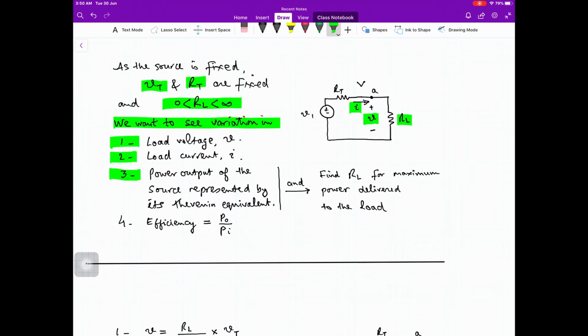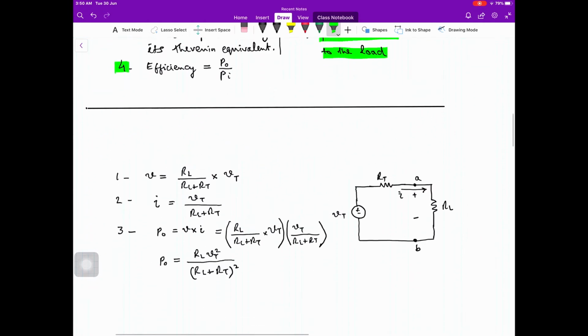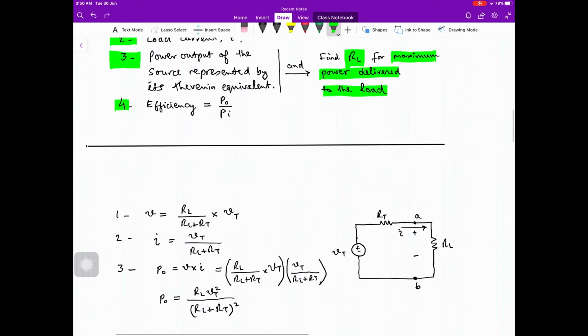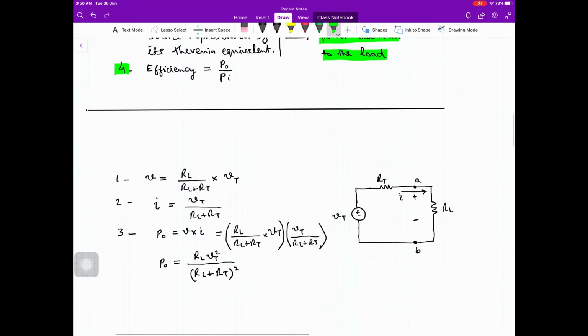And due to variation in power output, we will also explore what is the value of the load resistance for which the maximum power is delivered to the load. We also see the power efficiency, which is output power divided by the input power. Now I will reproduce the circuit.